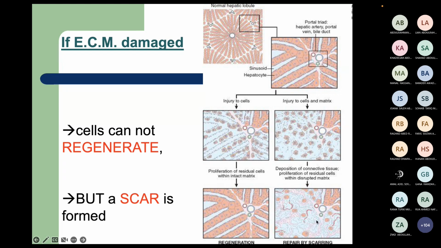If the matrix is present, then complete regeneration can occur. When the matrix is damaged, like in the abscess in the liver, then fibrosis will occur. There will be scarring. This is a very good diagram to explain the importance of extracellular matrix. Cells cannot regenerate without the presence of extracellular matrix.